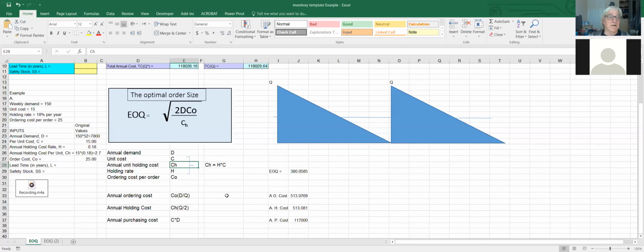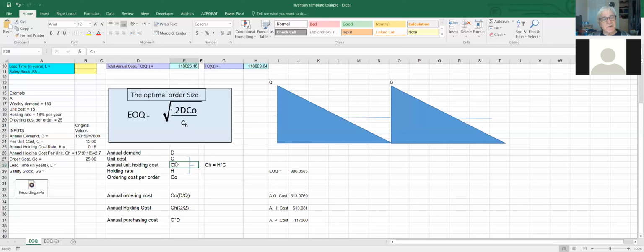It can be preparations that you have to make to clean up the room because the item is sensitive to dust. So all those costs, electricity, all those costs are per unit in inventory. And the longer the unit in inventory, the larger the cost.